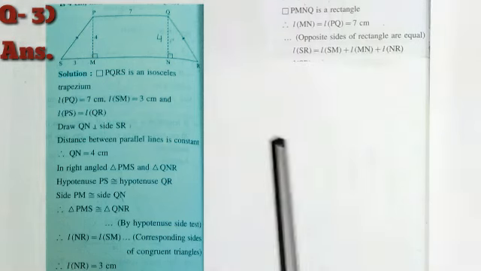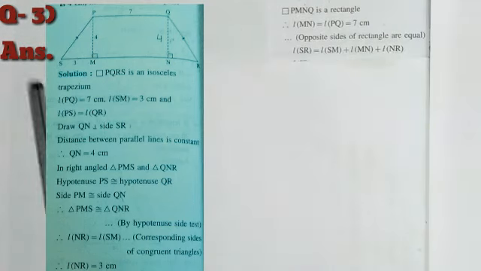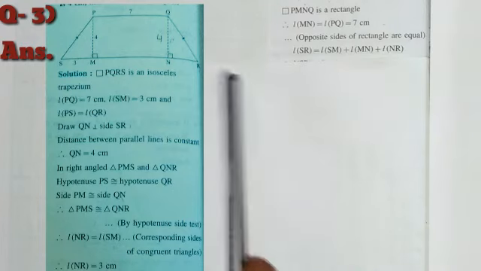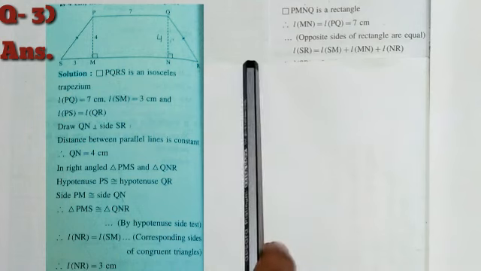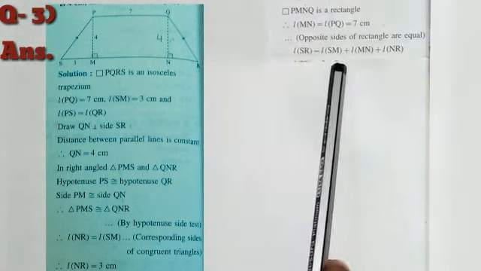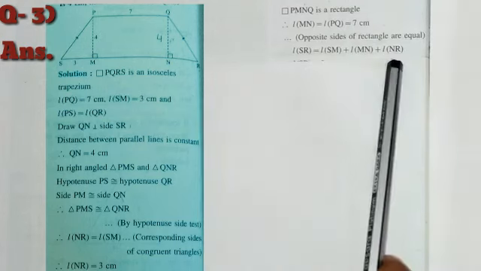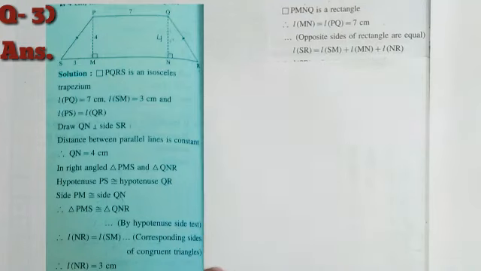After that, if we look at the length of SR, this whole line which is the base of the diagram, the length of SR is equal to SM, this one part, plus MN plus length of NR, the ending portion of the figure.